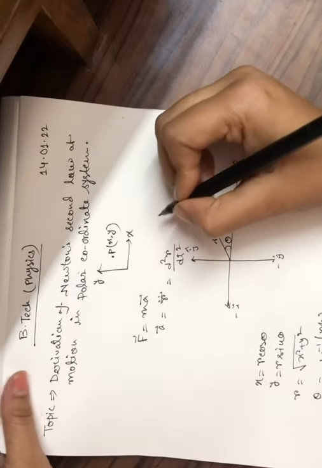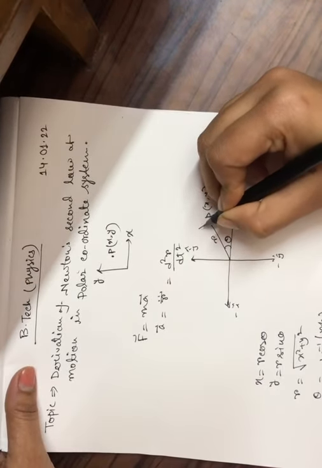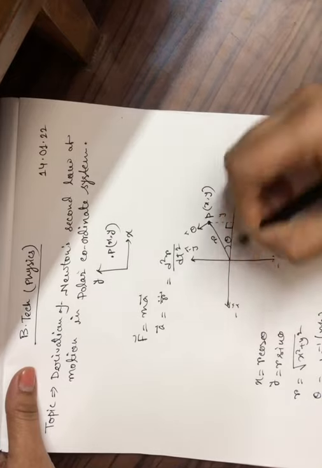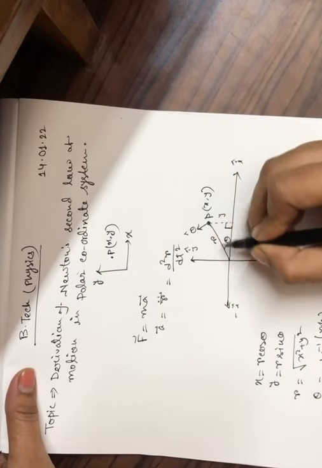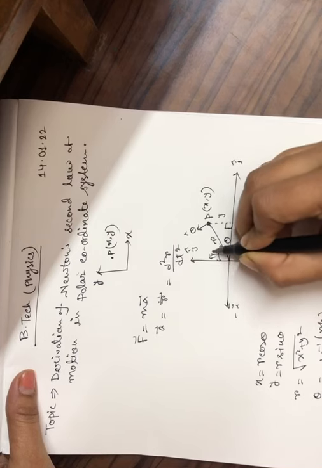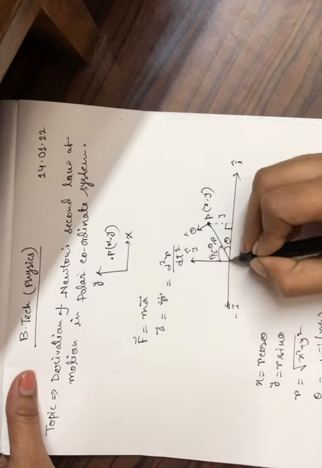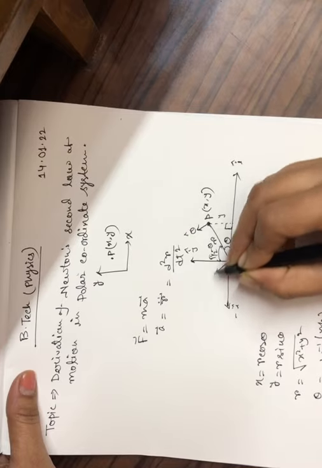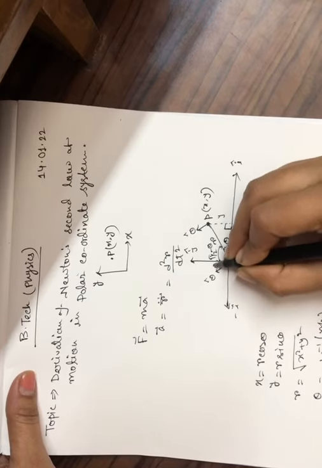See, from this figure, this is the direction of theta cap. This is theta, and this is a right angle triangle, so this angle is pi by 2 minus theta. This is also the theta cap direction, and this is also theta.